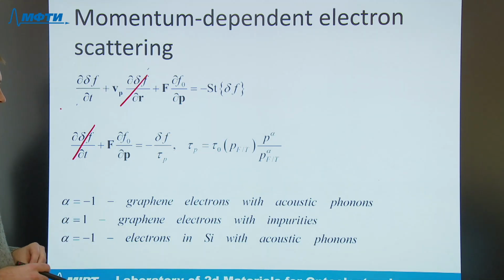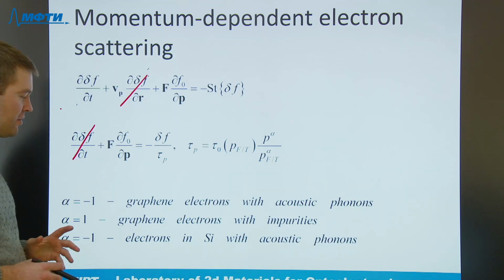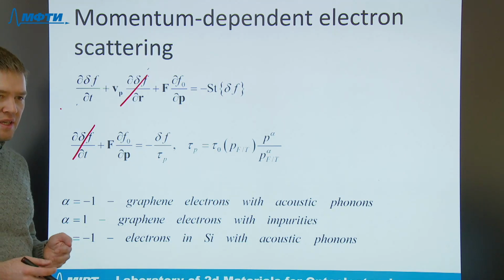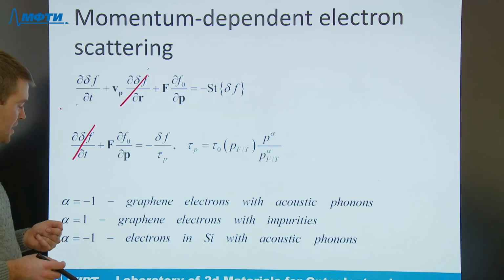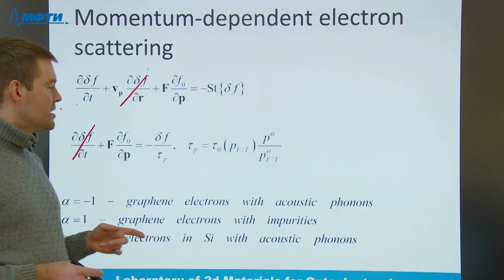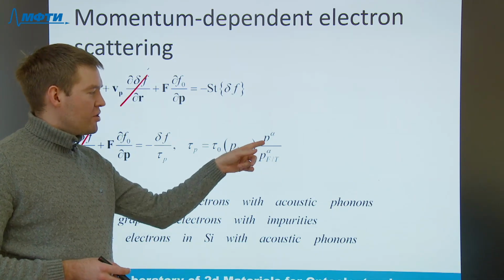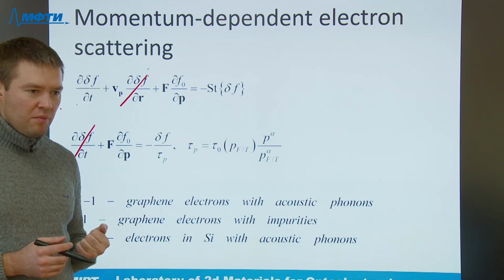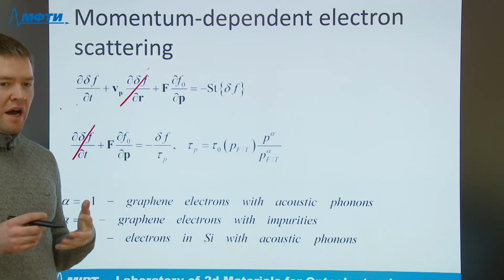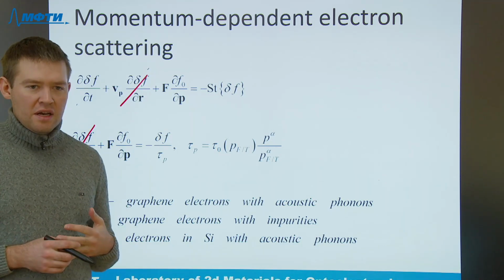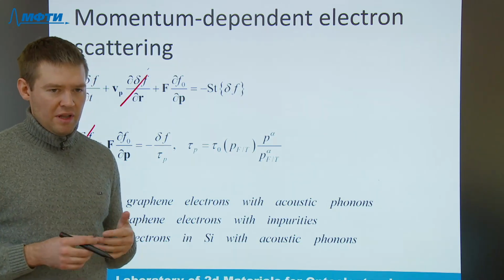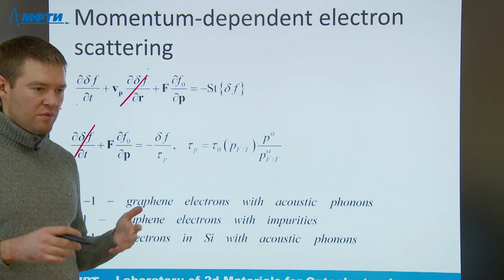We have already shown that, for example, for electrons interacting with phonons, this power for graphene equals minus unity. It means that the higher is the momentum, the shorter is the momentum relaxation time. High energy electron has higher chance to meet the phonon and to relax its momentum, to get collided.